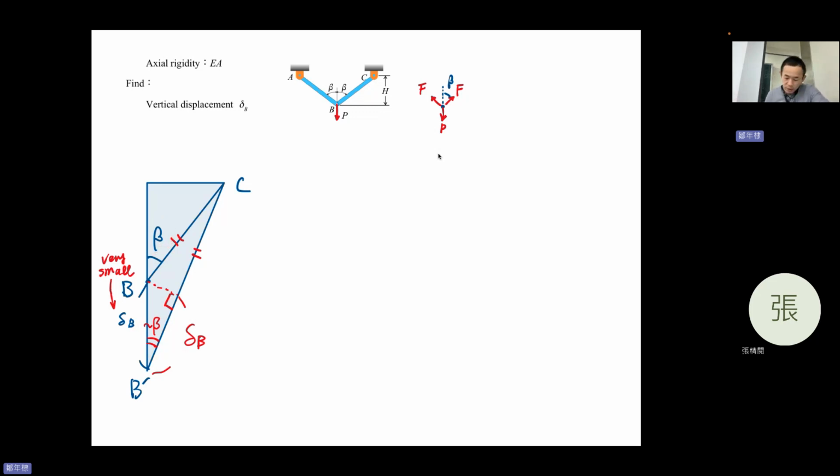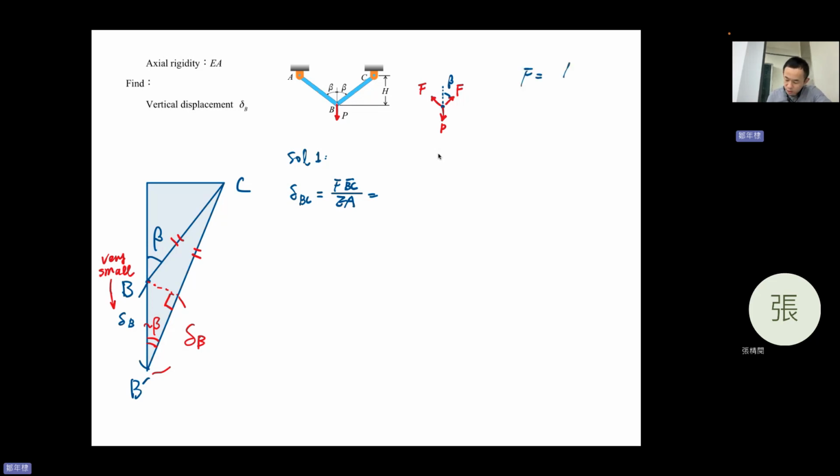So when we have this geometry relationship, we have solution one: delta BC equal to F, the length of BC, divided by EA. And F is what? Let's take a look.